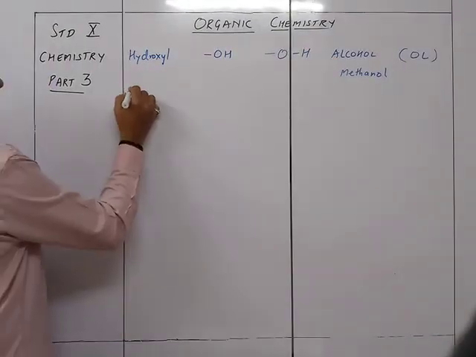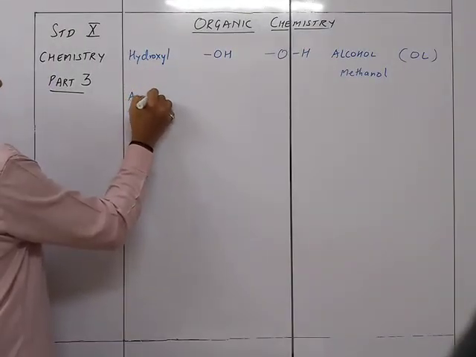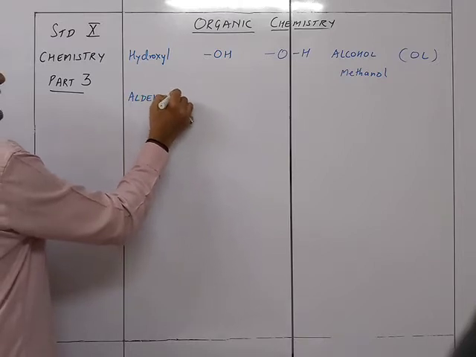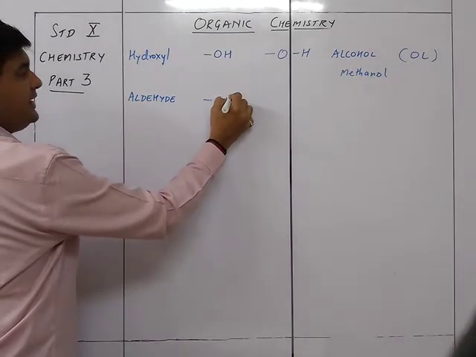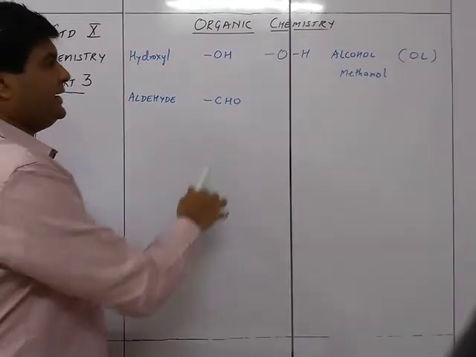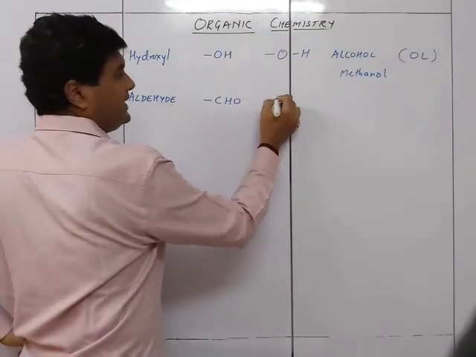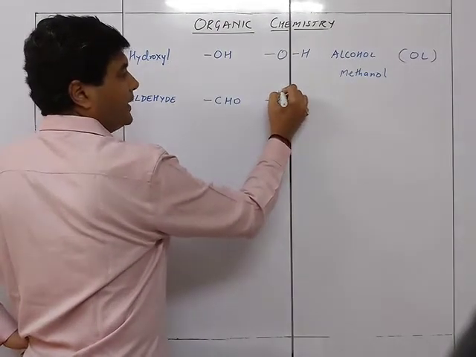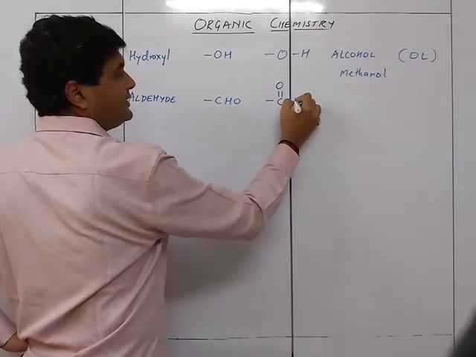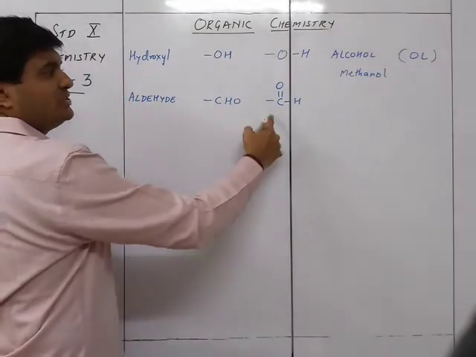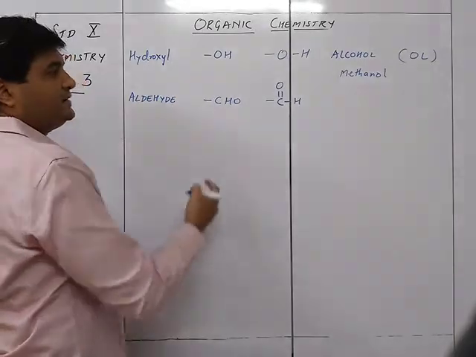The next one is aldehyde. Aldehydes are CHO. CHO is like this: a C with a double bond O here and a single bond H here. If the structure is like this, then it is an aldehyde.